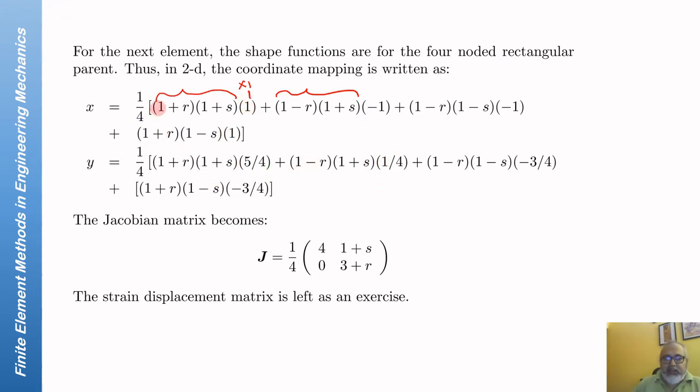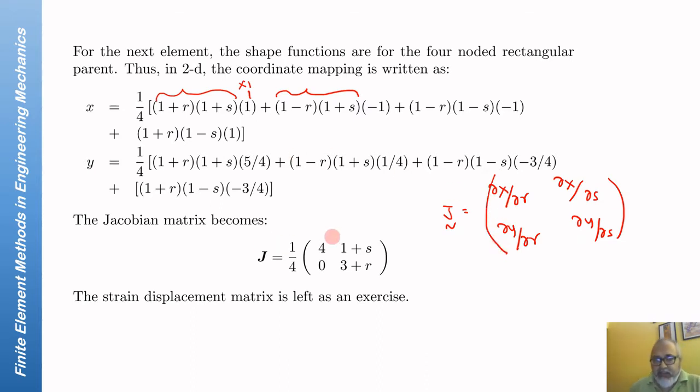And then the Jacobian matrix would be del x del r, del x del s, del y del r, del y del s. This would be the Jacobian, and if you carry out the derivatives, this is what you should get.